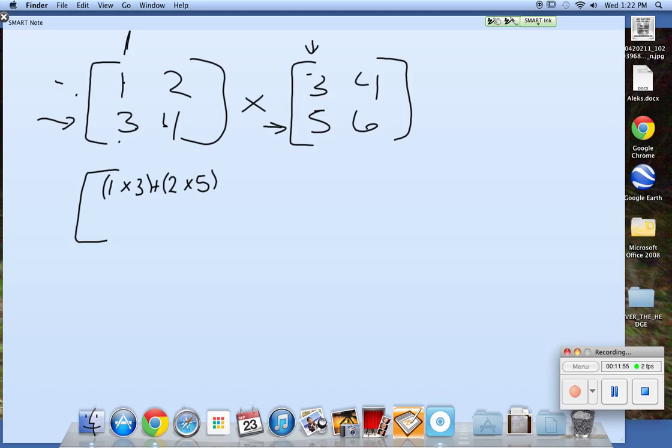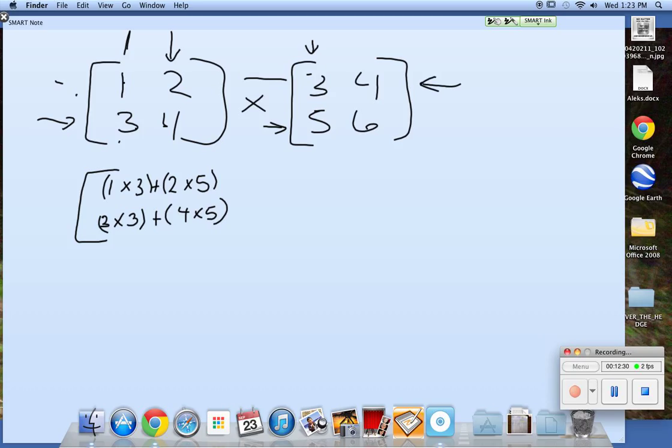Okay, the second one's going to be 3 times 3 plus, that's the bottom corner, plus 4 times 5. 3 times 3, 4 times 5. Yeah, I told you, this is tough. Now you go over to the next one, all right? Now you've got this column and this row right here, right?